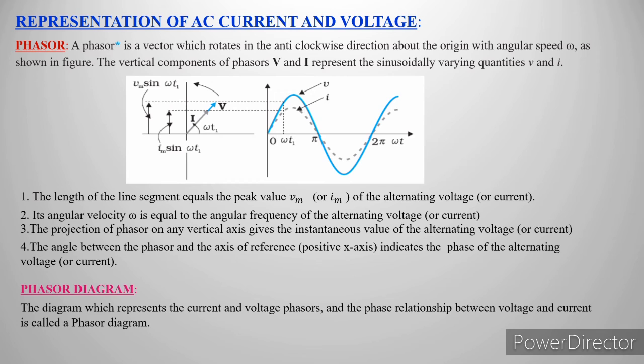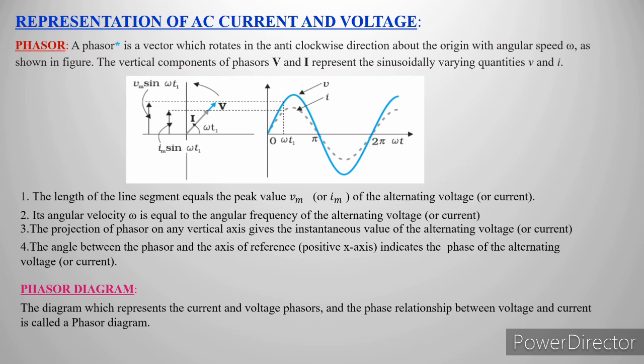Representation of AC current and voltage. First, let us see what a phasor is. A phasor is a vector which rotates in the anti-clockwise direction about the origin with angular speed omega, as shown in the figure. The vertical components of the phasors V and I represent the sinusoidally varying quantities small v and small i.